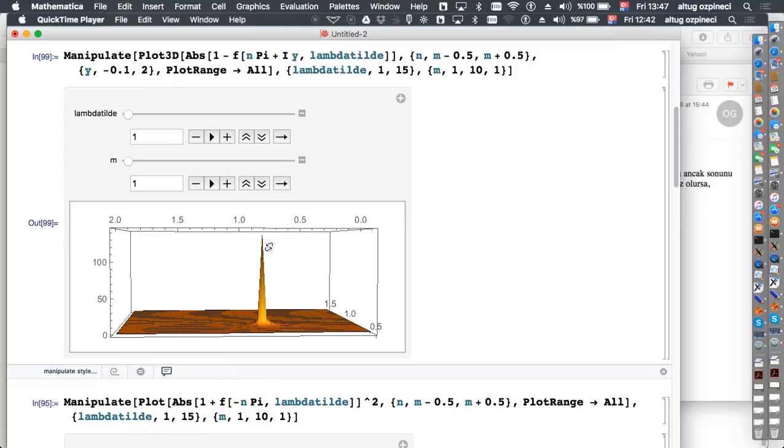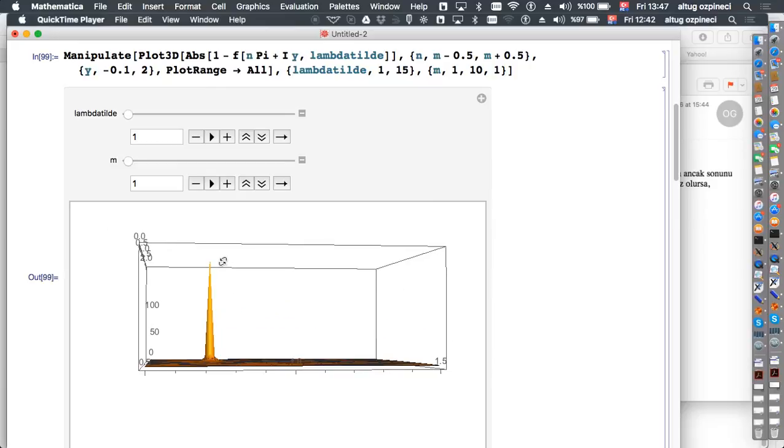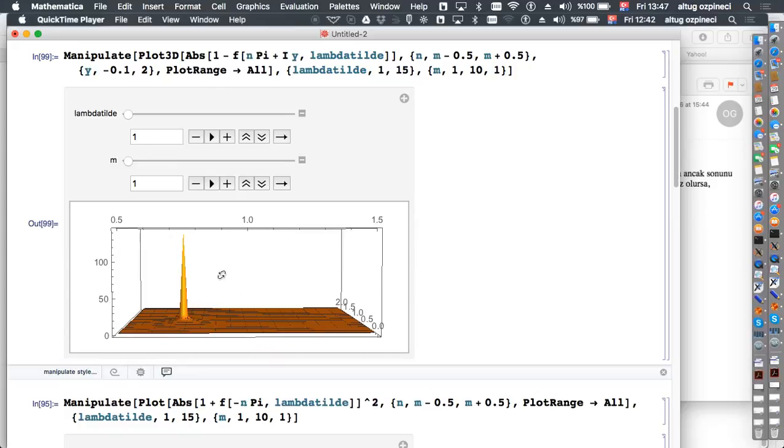Now, if lambda was infinite, we had already seen that there has to be one bound state when this n over here is 1. There has to be a bound state for n equal to 1. The real part of this one is a bit shifted from n equal to 1. n equal to 1 is over here.